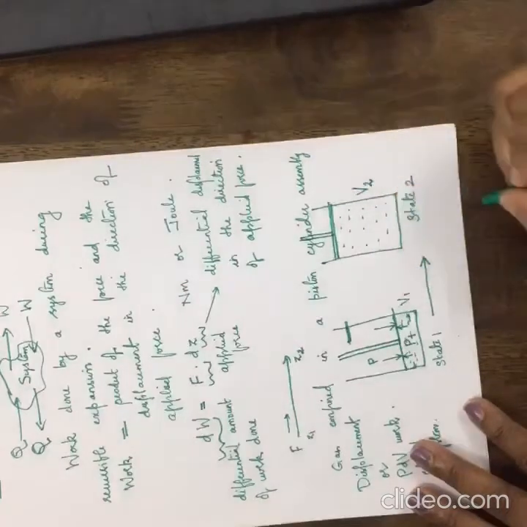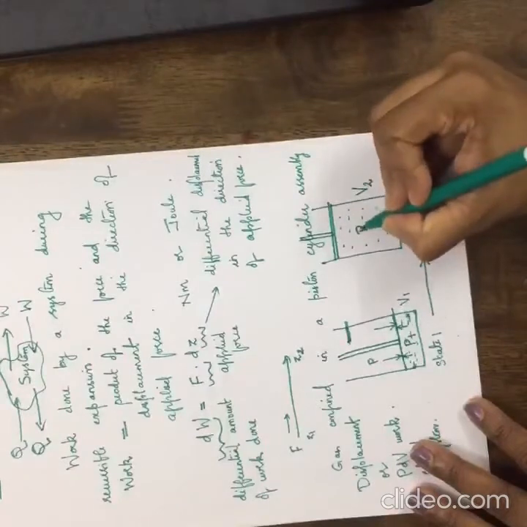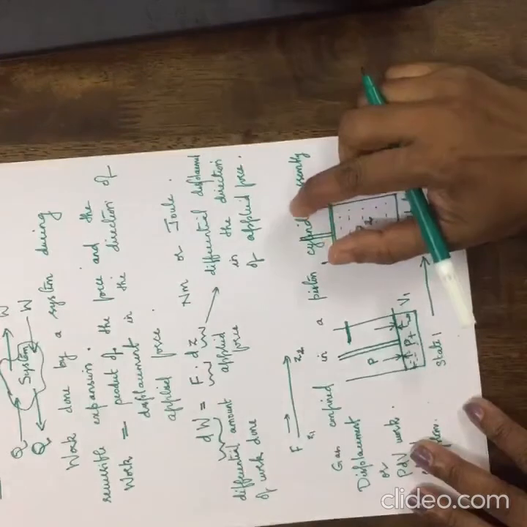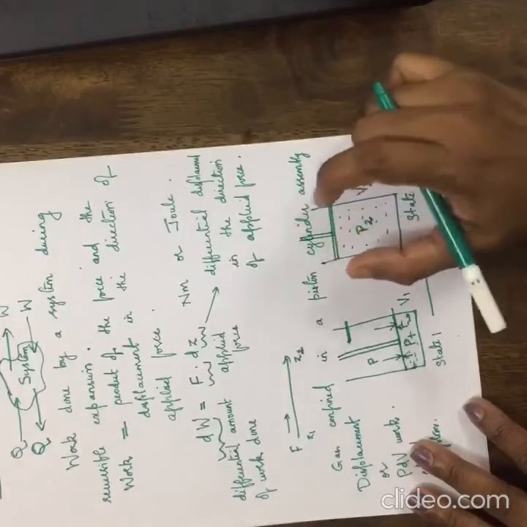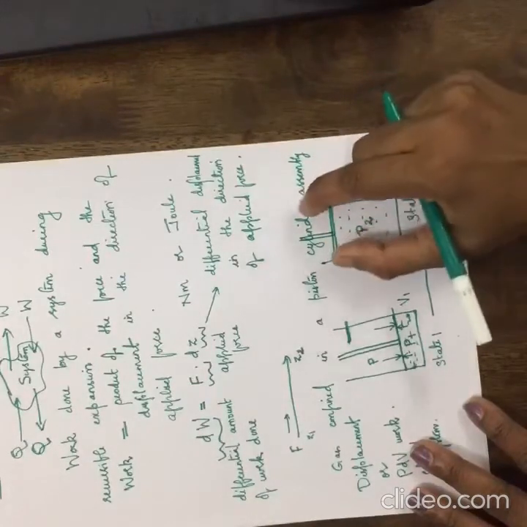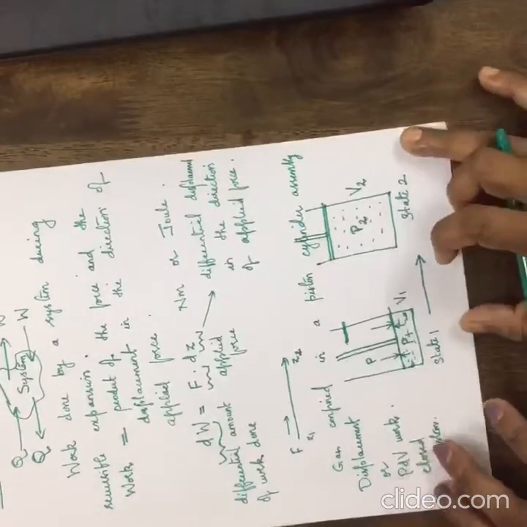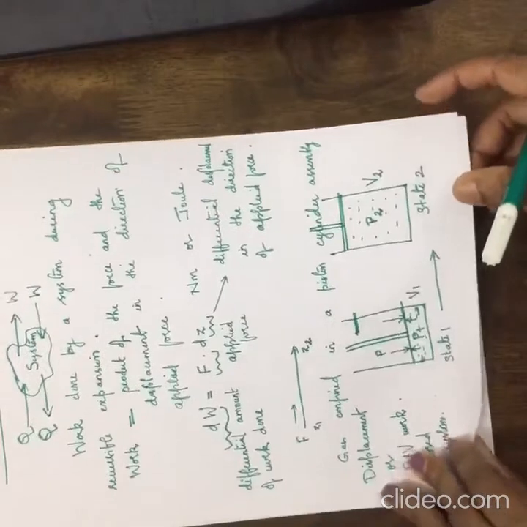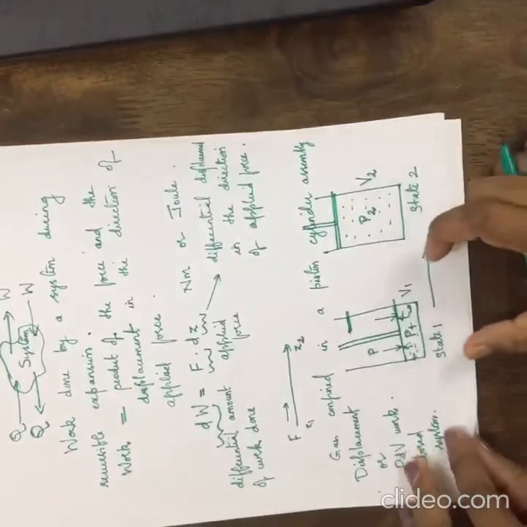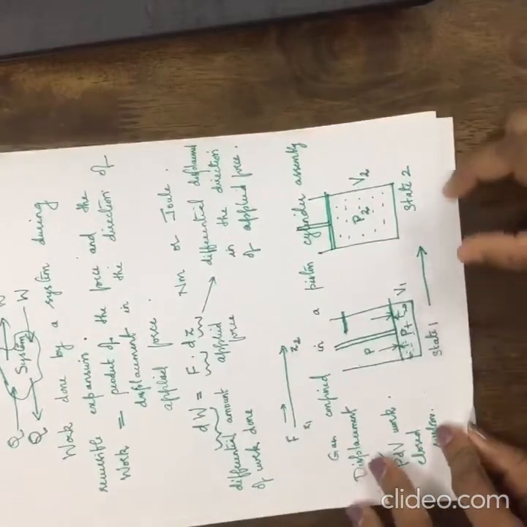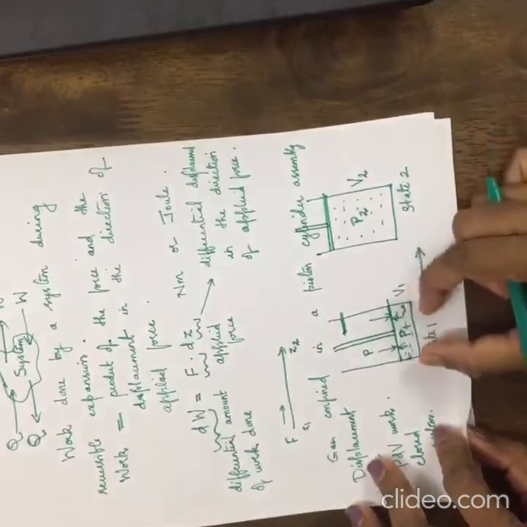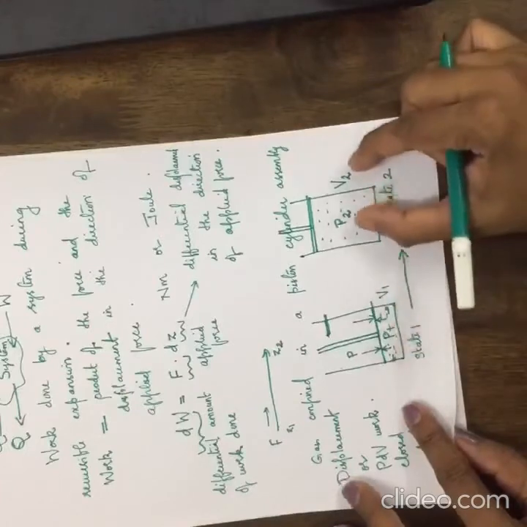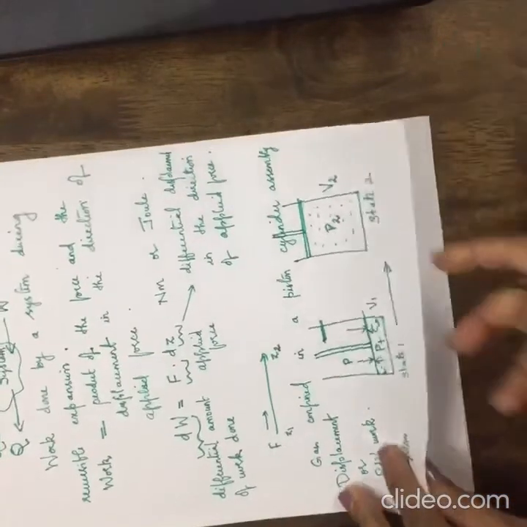At state 2, the volume is V2 and the pressure is P2, which is equal to the external pressure at every given instant. So the system has undergone a change of state from state 1 to state 2, and the initial state properties P1 V1 have varied to P2 V2.